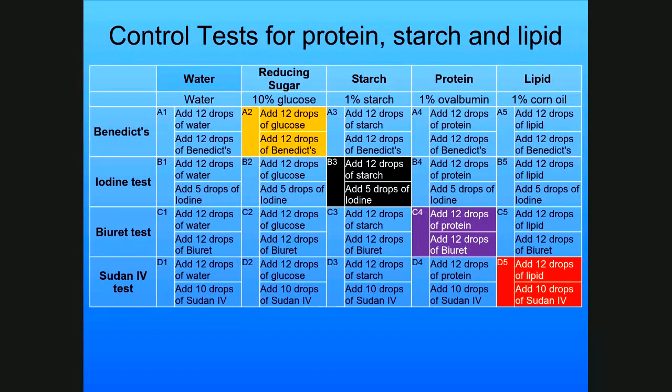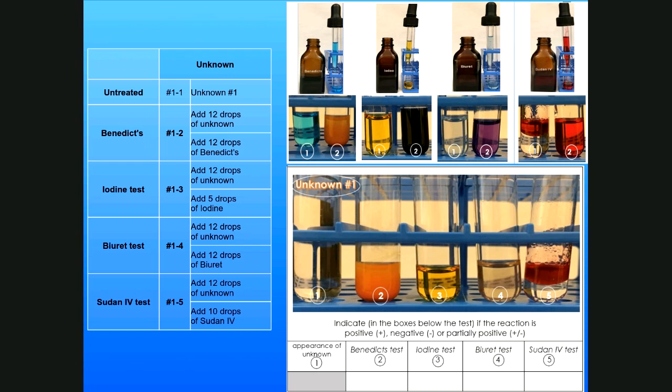And that brings us to the unknowns. So in your lab handout, and I'm going to switch real quick to your lab handout. Actually, we'll go through this first, and then I'll go to the lab handout. In the lab handout, you'll have a picture like the picture down here, which is your unknown number 1.